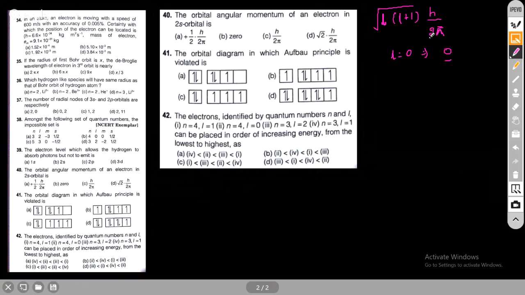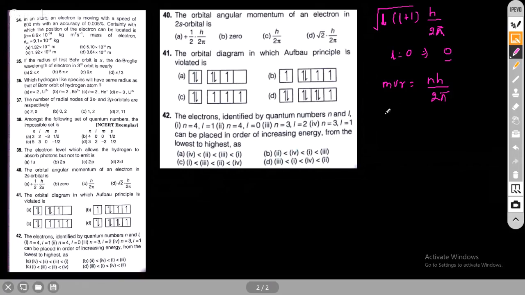Why are you getting C? How is it C? Ramcharan and Purvik. Okay, see, angular momentum is also mvr. mvr equals nh by 2 pi.